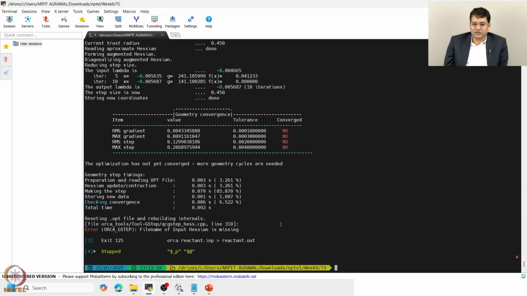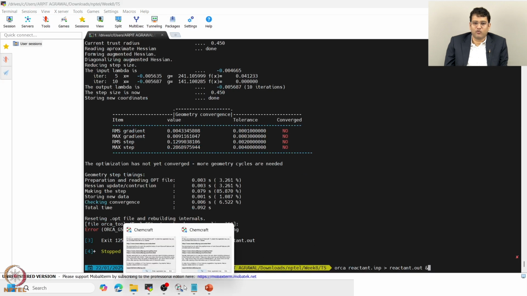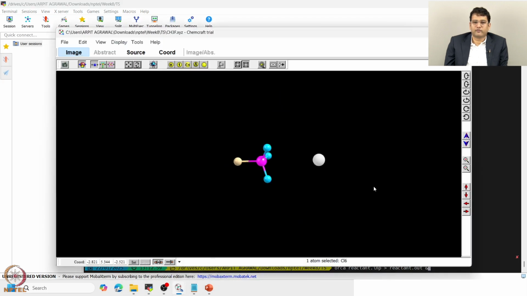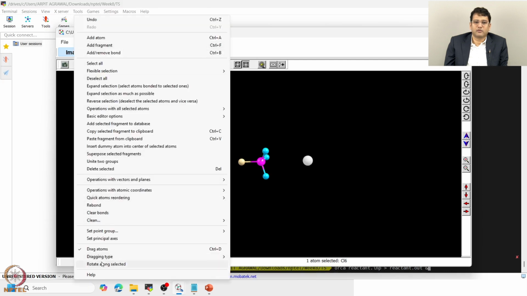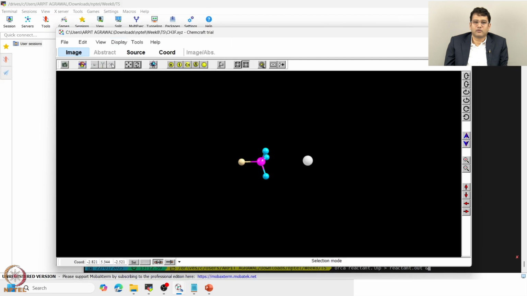So I think my initial structure is bad. Let us open the initial structure once more. Sometimes this kind of problem can happen. The bond length is not the problem.